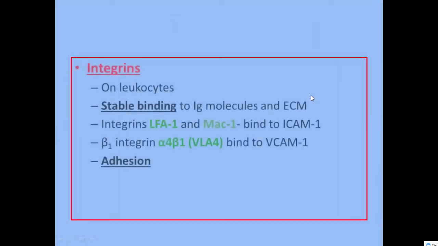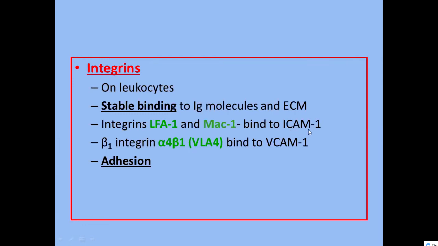The integrins on the leukocytes are stable binding to immunoglobulin molecules and the extracellular matrix, ECM. Integrins LFA and MAC1 bind to ICAM, that is intercellular adhesion molecule.